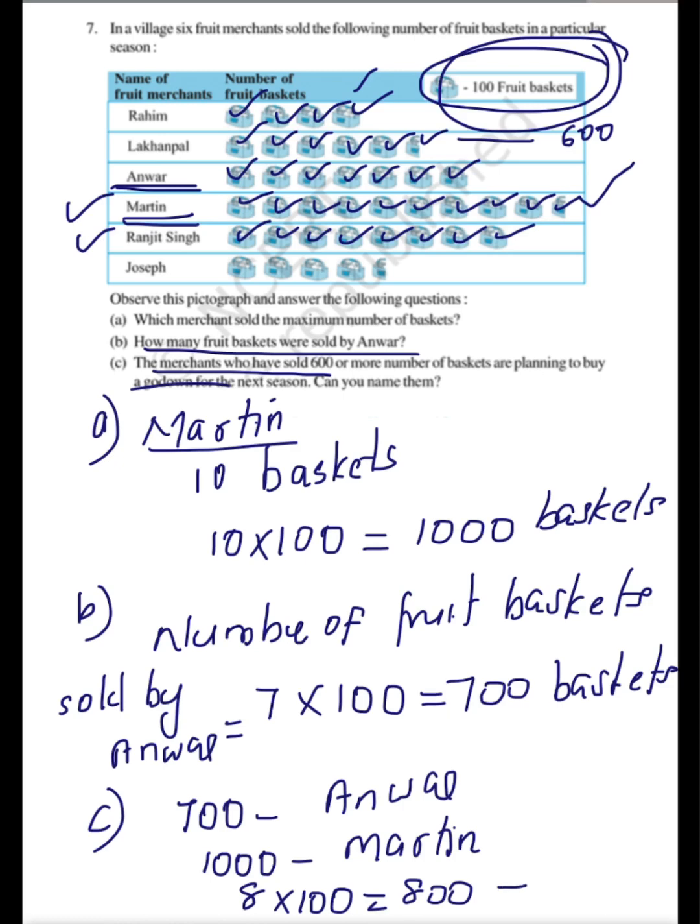So you can say that Anwar, Martin and Ranjit Singh will be going to buy the godown for next season. Why? Because all of them have sold fruit baskets greater than 600.